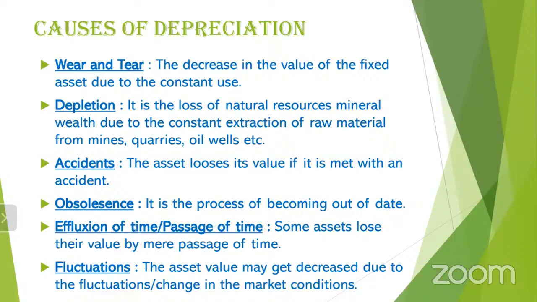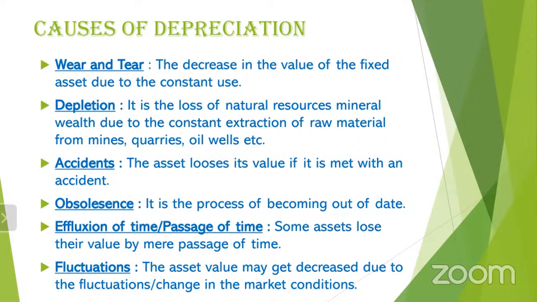Next, accidents. One of the causes of depreciation is accidents. The asset loses its value if it is met with an accident. The asset condition will be completely lost. An accident means breakdown of an asset which decreases the value of an asset.